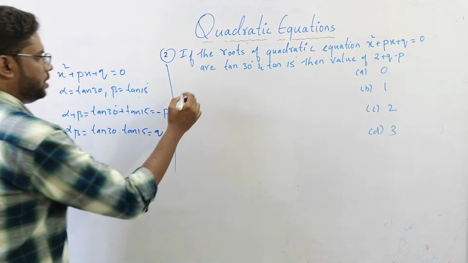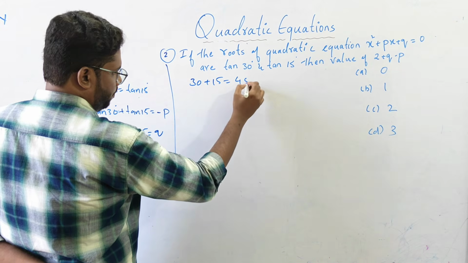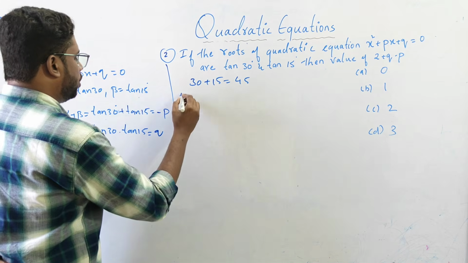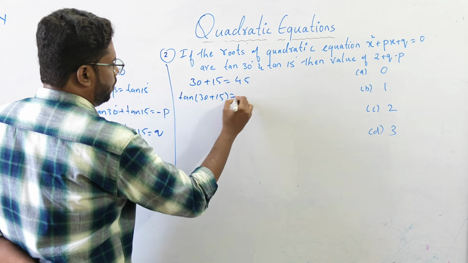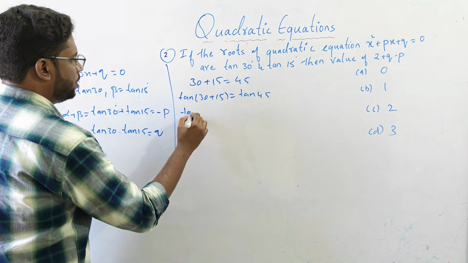Suppose here, can I write like this, 30 plus 15 equal to 45. Apply tan on both sides. So what you get, tan of 30 plus 15 equals tan 45. Now tan of a plus b is what?